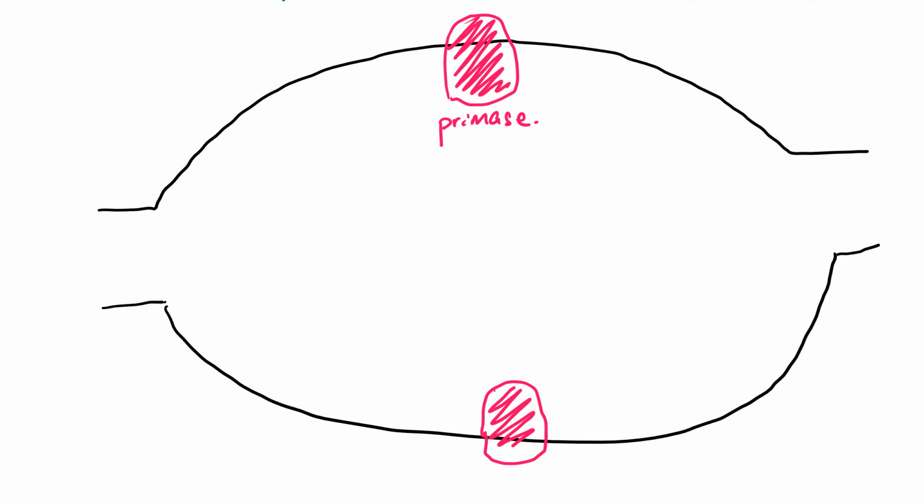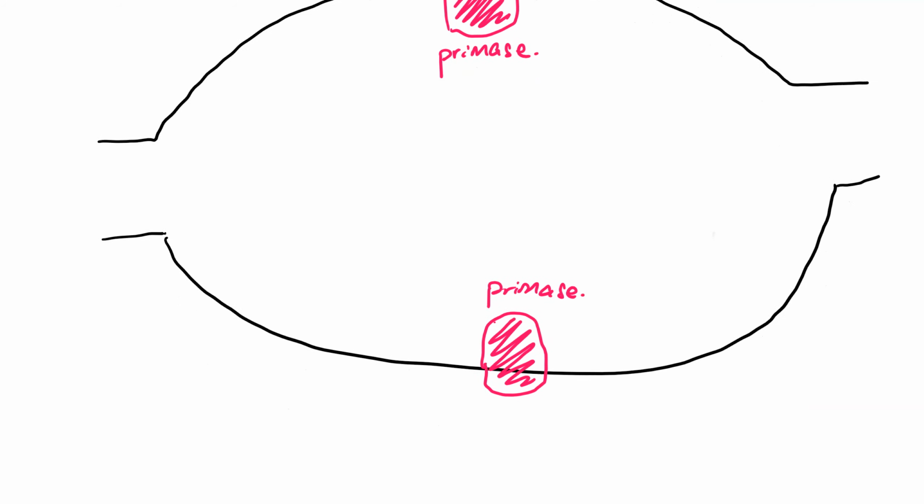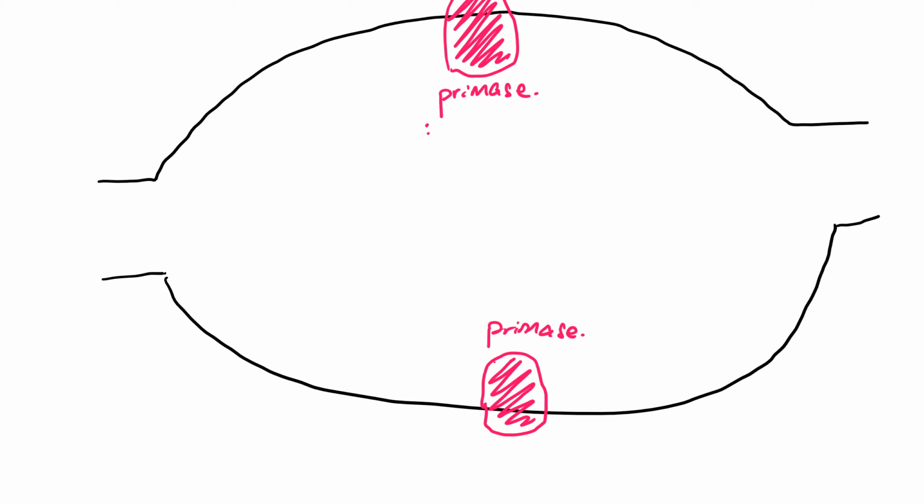So to initiate the replication process, first we have a specific protein that binds. I'm going to use a different color. It binds to the DNA, and we call it primase. The primase function is to synthesize a primer.